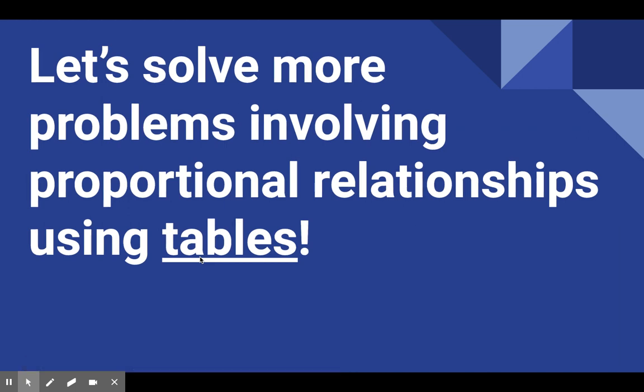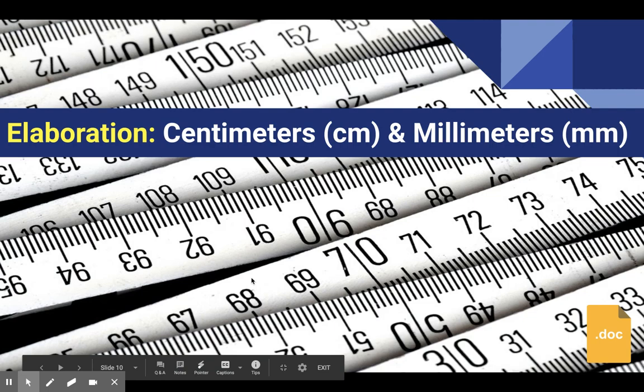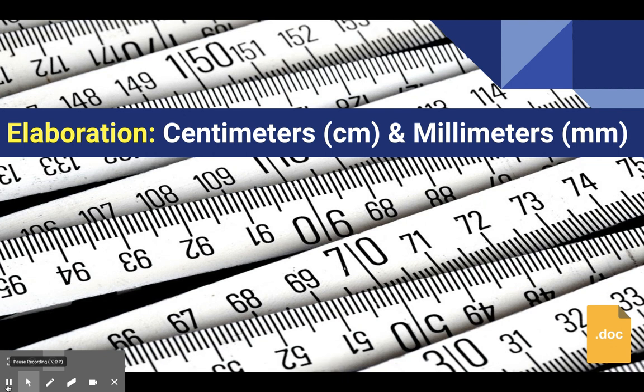Let's solve more problems involving proportional relationships using tables, as a continuation of what we've been doing. So this is our elaboration activity. For our elaboration activity, you are going to need your student companion.